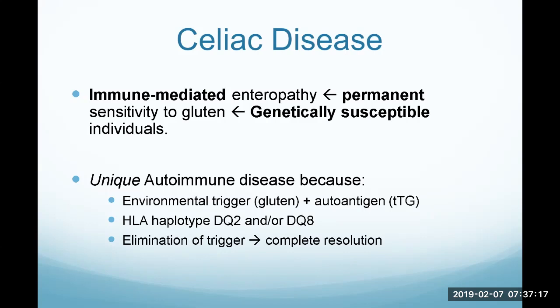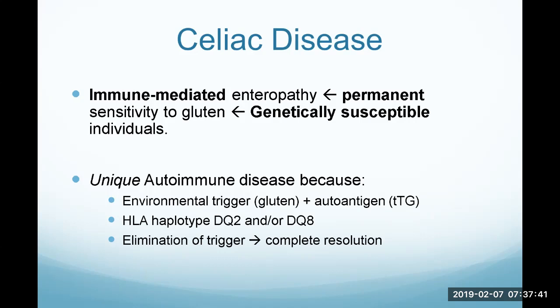And it also requires the person to have HLA DQ2 and/or DQ8. The other unique point here is once you get rid of the environmental trigger, then there is complete resolution of the disease.